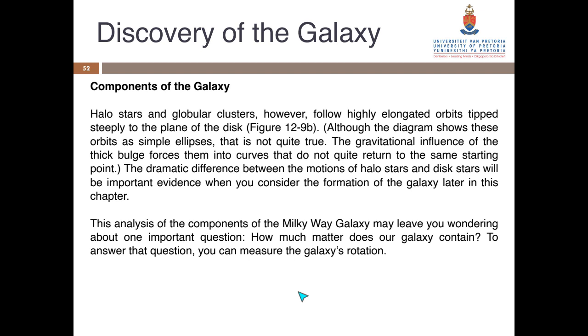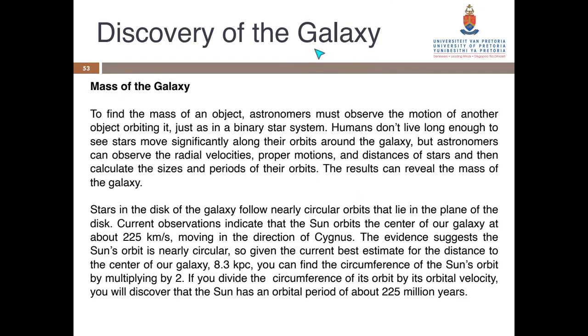The analysis of the components of the Milky Way galaxy may leave you wondering about one important question: how much matter does our galaxy contain? To understand that question, you can measure the galaxy's rotation. To find the mass of an object, astronomers must observe the motion of another object orbiting it, just as with a binary system.